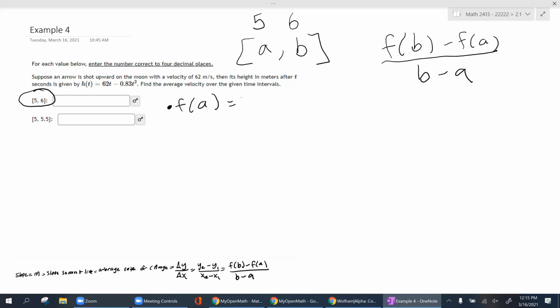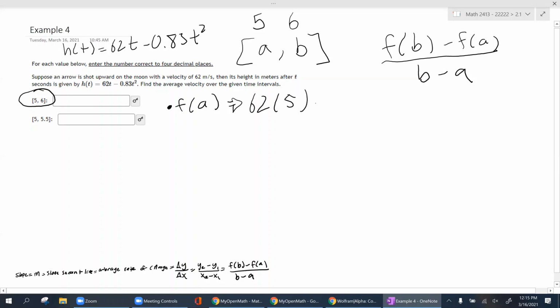My given function was h of t equals 62t minus 0.83 t squared. So all I'm going to plug in is 5 in there. So this is going to be 62 times 5 minus 0.83 times 5 squared.